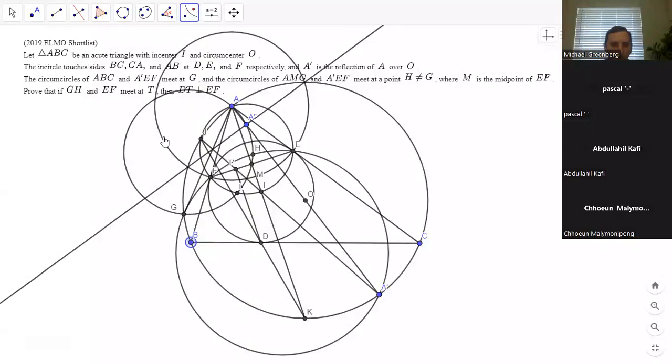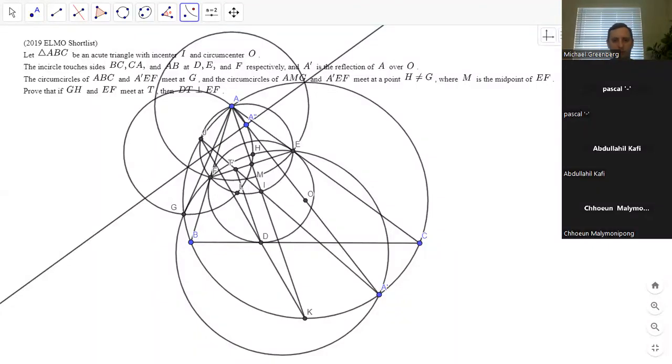So where does B invert to? Interesting. So B and C. Yeah, I feel like we're close to a solution.